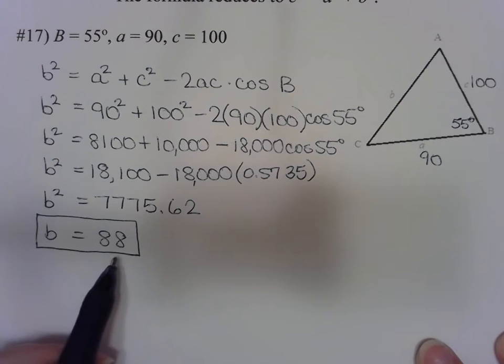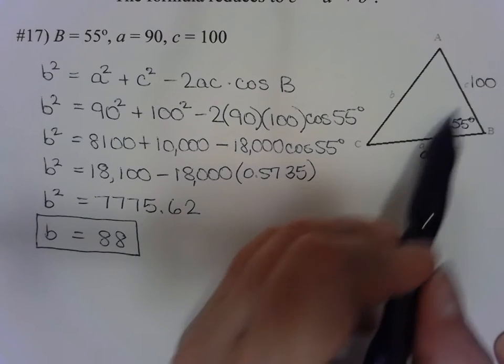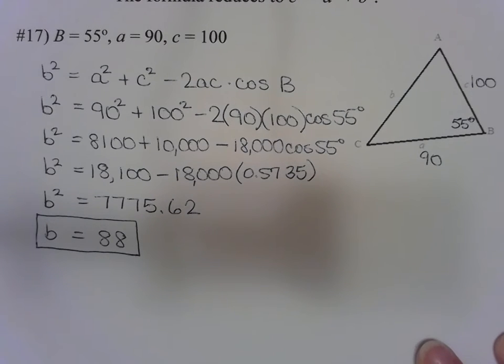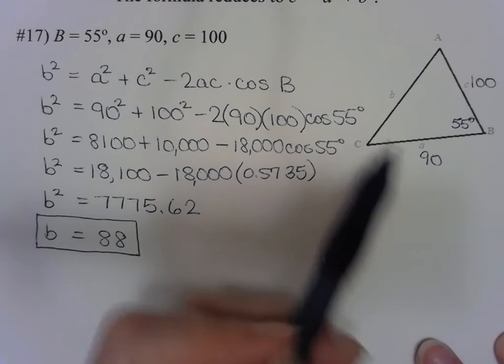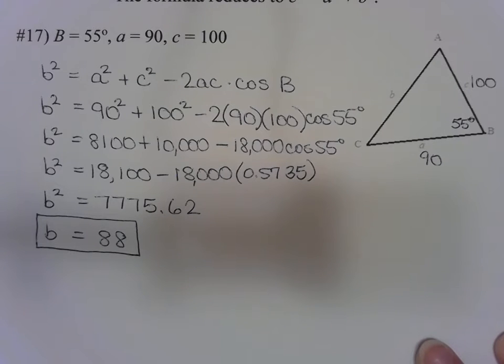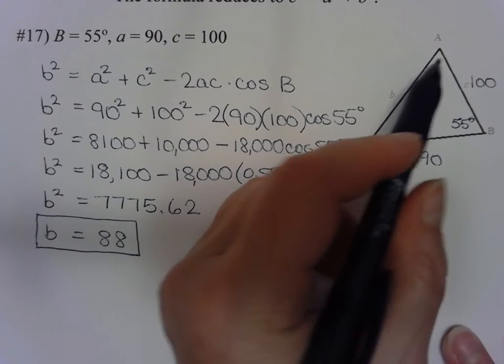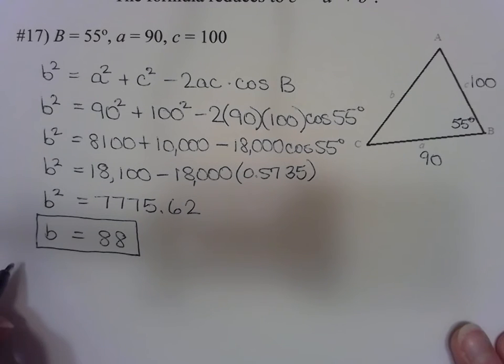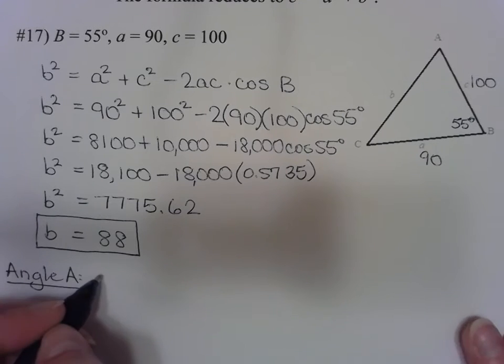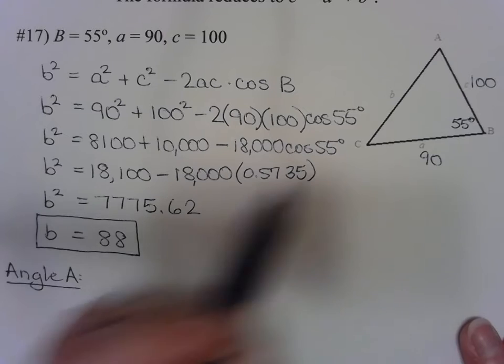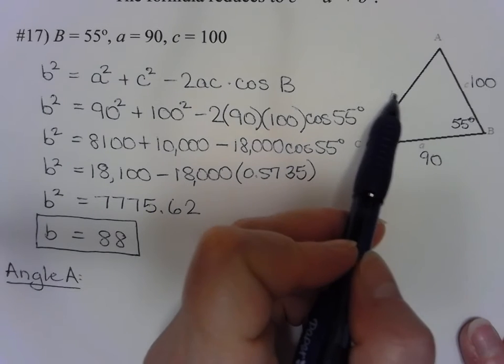Okay, so we've gotten the third side, so we now have all three sides. We used the law of cosines to get that, but we're missing the two angles, so we need to use the law of sines to find those. Right, so let's find, how about angle A? So to find angle A, I'm going to use the law of sines, and now I have an angle side pair.